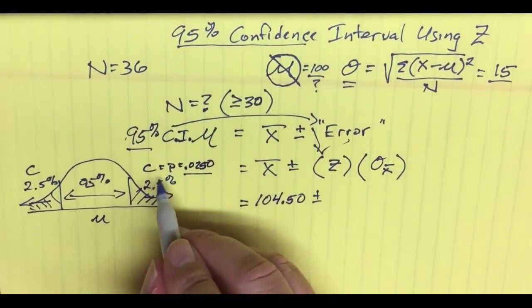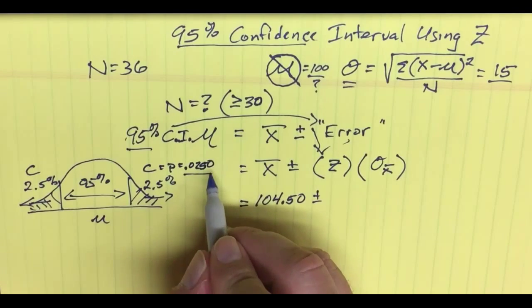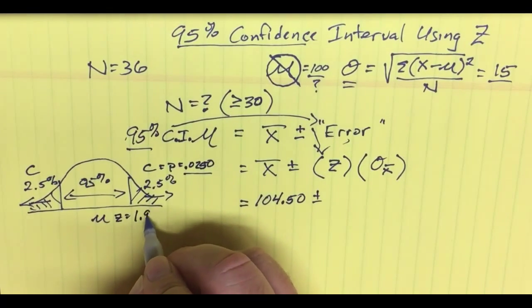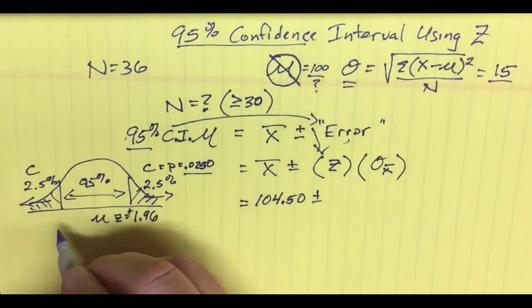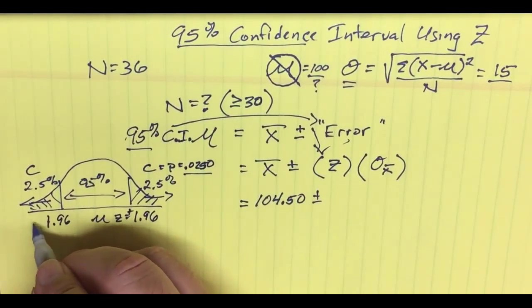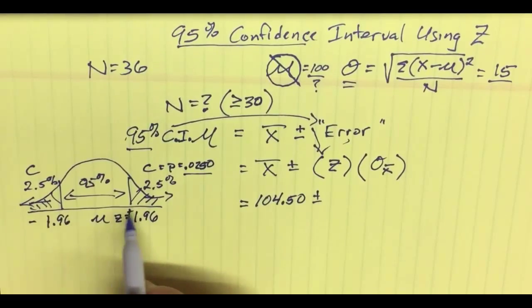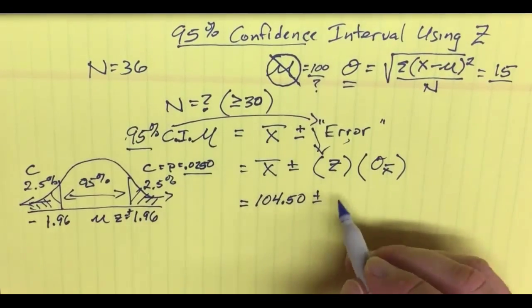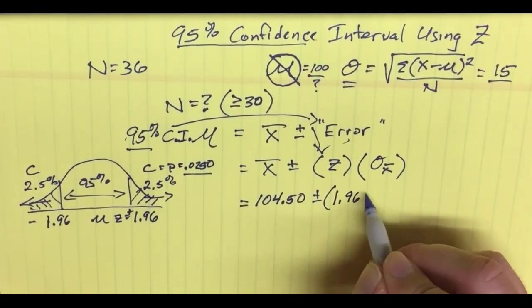Okay, so if I look in column C for 0.0250, I find a z-score equal to 1.96, positive on this side and 1.96 negative on this side, okay? So that is where I get this for a 95% confidence interval. I'm always going to be using this value of 1.96.